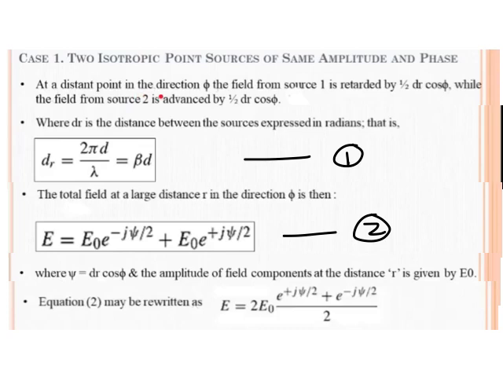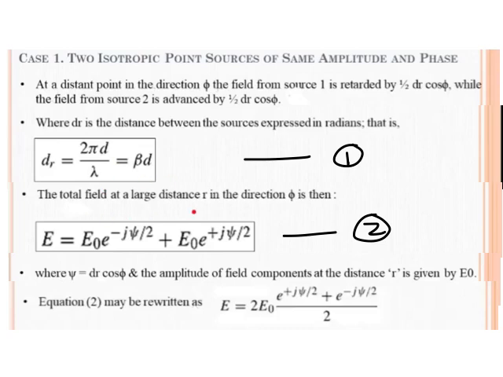At a distant point in the direction phi, the field from source 1 is retarded by half dr cos phi, while the field from source 2 is advanced by half dr cos phi. Here dr is the distance between the sources expressed in radians. Dr is equal to 2 pi by lambda into d, that is equal to beta d.